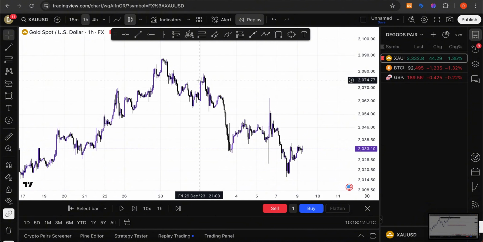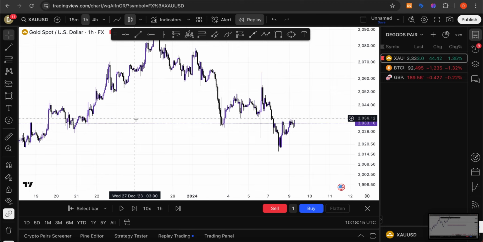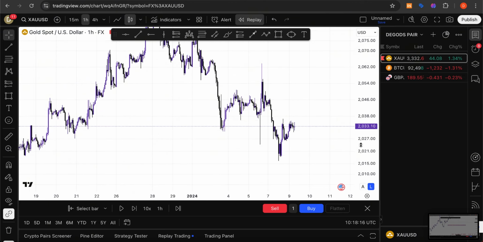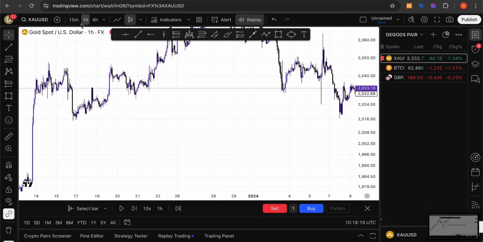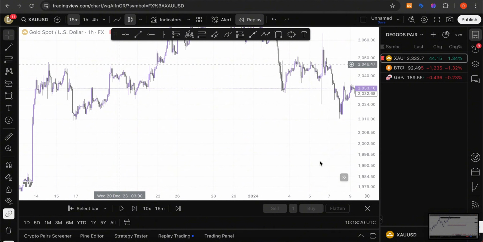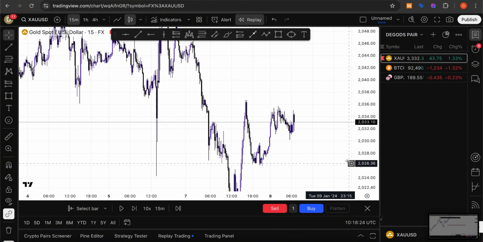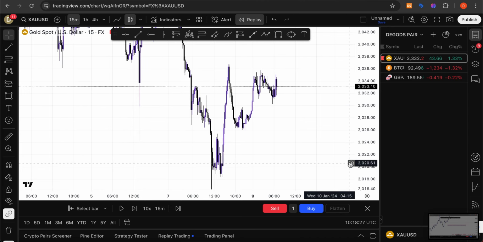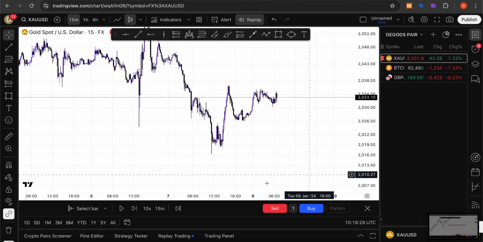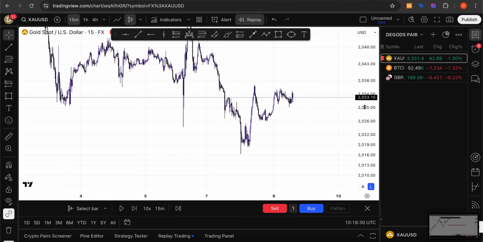This side now is not present. So let's just start by checking out. It's an uptrend on the 1 hour time frame. So let's see what.